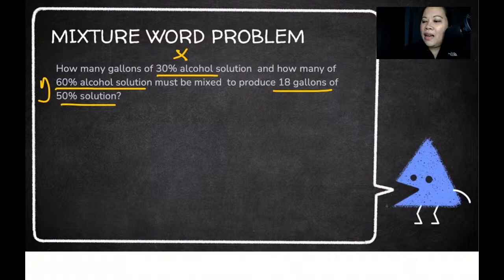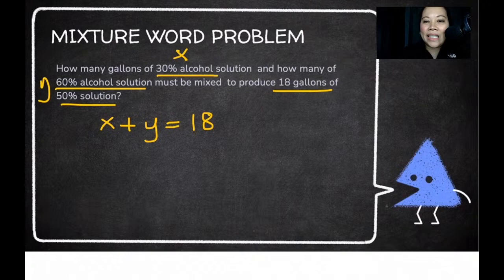So that means whatever is the gallon of my 30% plus whatever gallon of my 60% should be making 18 gallons. So adding the amount of 30% alcohol plus the 60% alcohol will be 18.